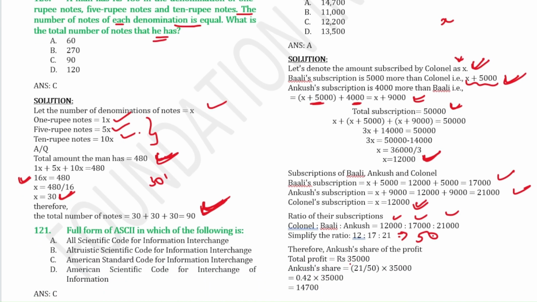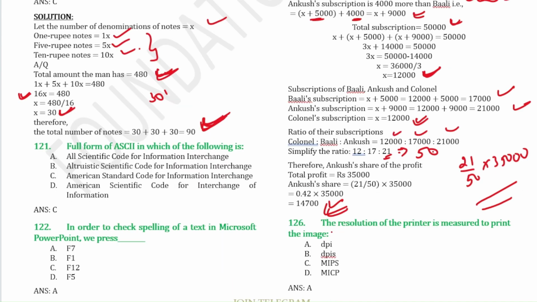So for Ankush's share of profit, Ankush's part is 21, so 21 out of a total of 50, into 35,000. If you solve this, you will get the profit that Ankush got, that is 14,700.